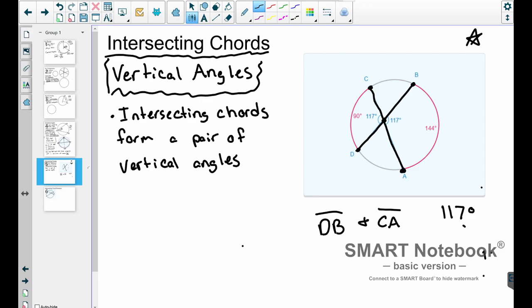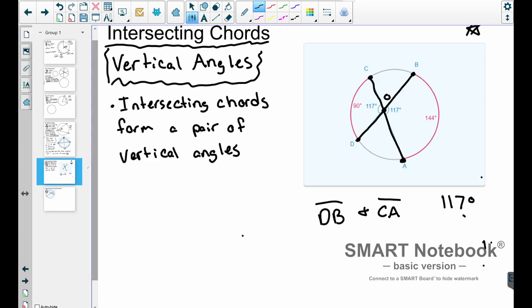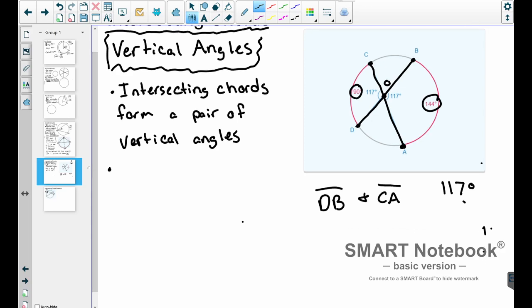We'll call this center point O. So angle COD is 117 degrees, and angle AOB is 117 degrees. So where's the connection to be made here? Well, you see we have 144 over here and 90 degrees over here. So there's got to be some relationship there, right? Right, there is. So here is another important fact.